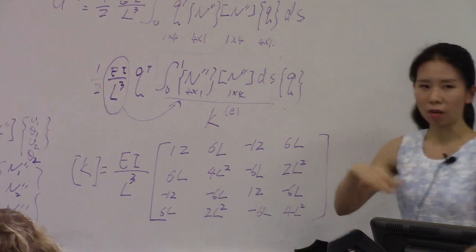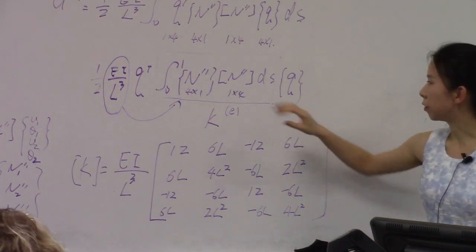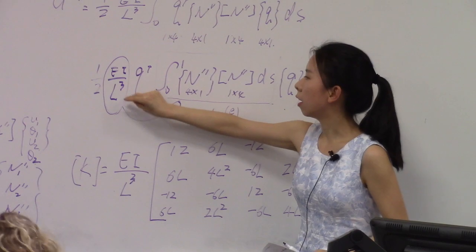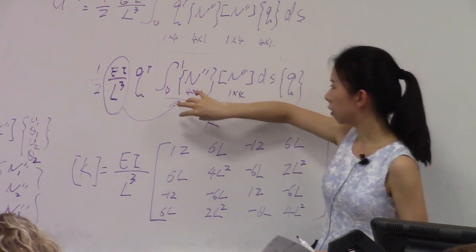So to correct what I just said, the stiffness matrix should include this EI over L cubed.